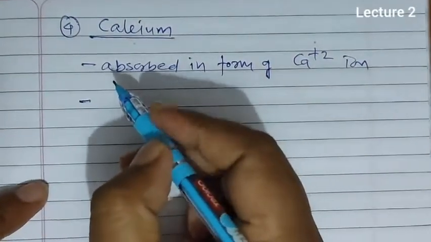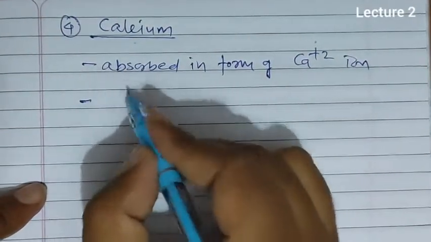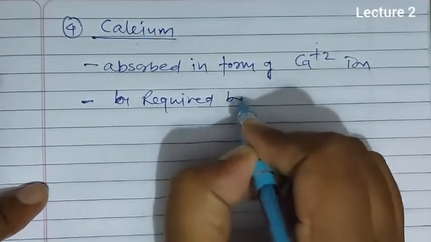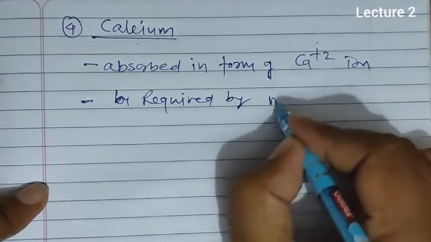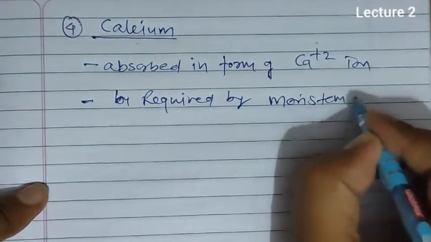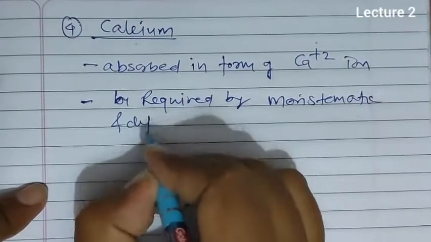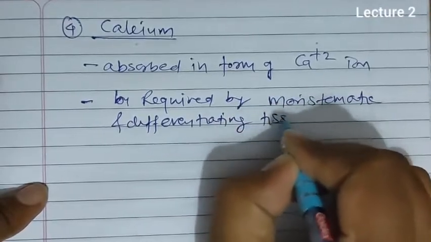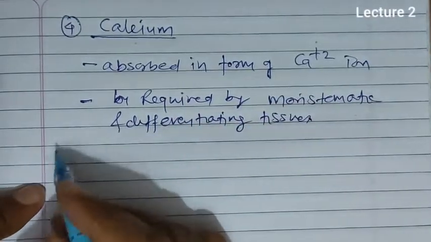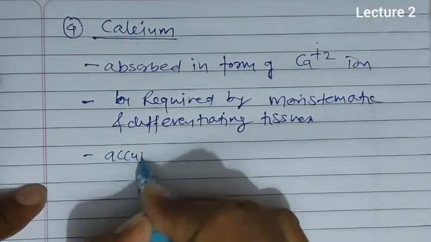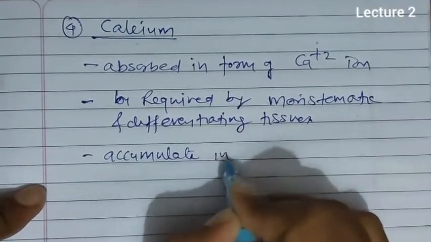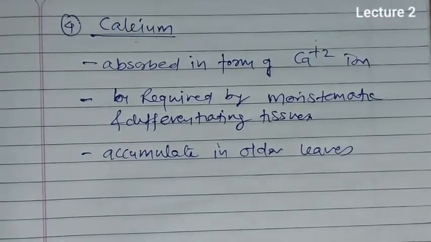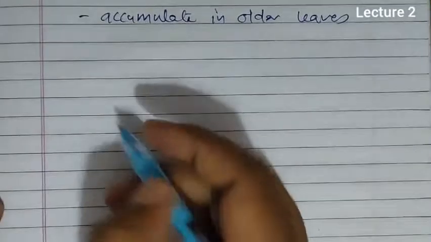When we talk about its requirement, calcium is required by meristematic and differentiating tissue. It accumulates in older leaves.